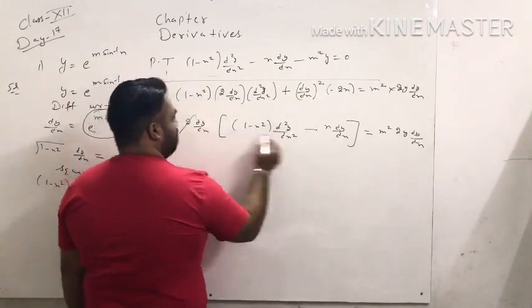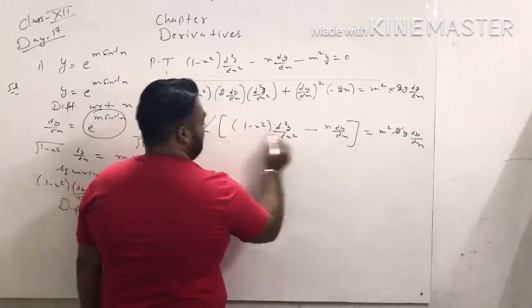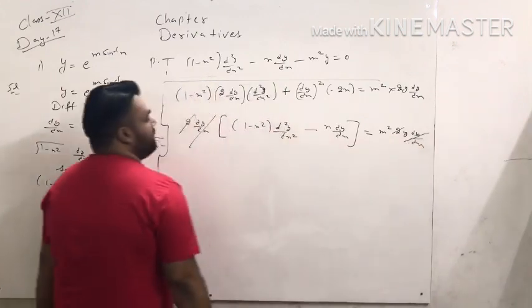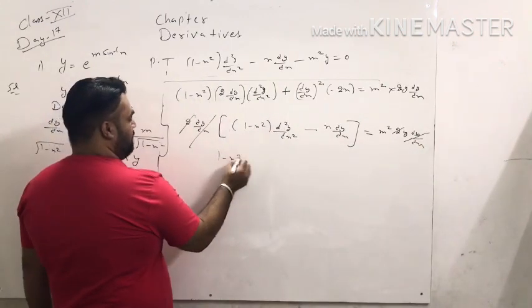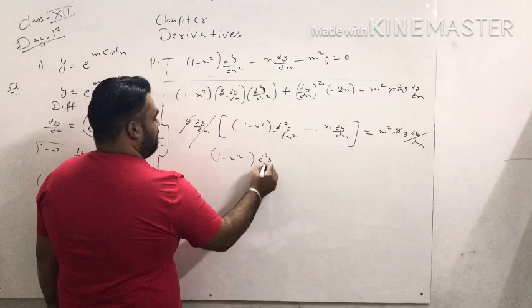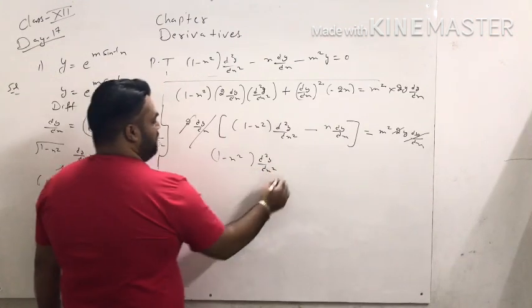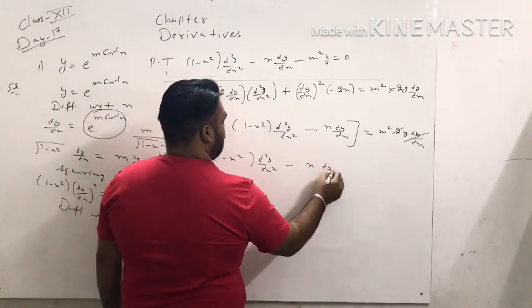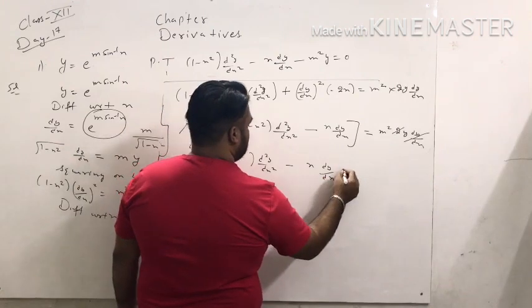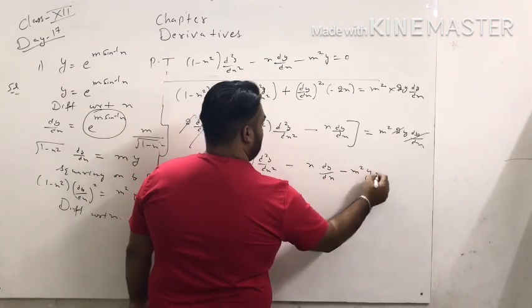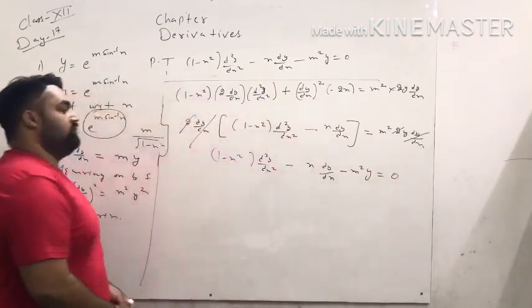So 2 cancel, dy by dx cancel. So we are left with 1 minus x square d square y upon dx square minus x dy by dx minus m square y equals 0.